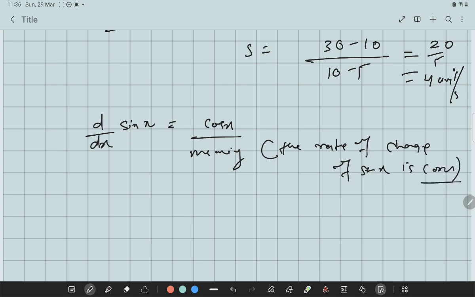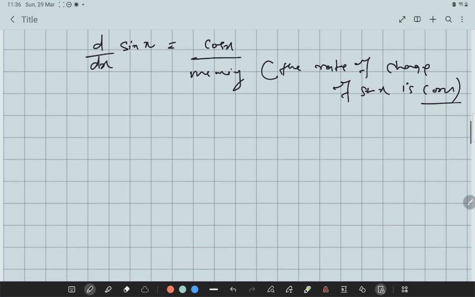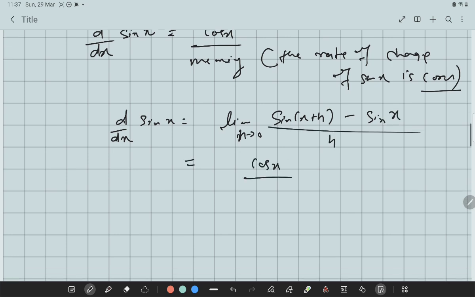If you write out the difference of sin x as h tends to 0 and do the expansion, it comes out as cos x. That is a simple derivation you can do.